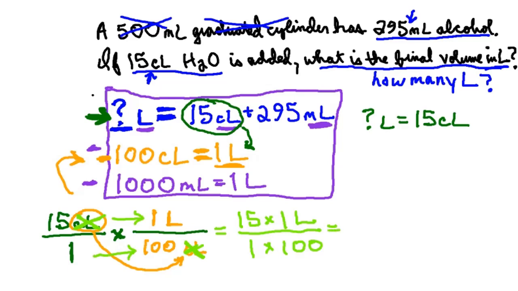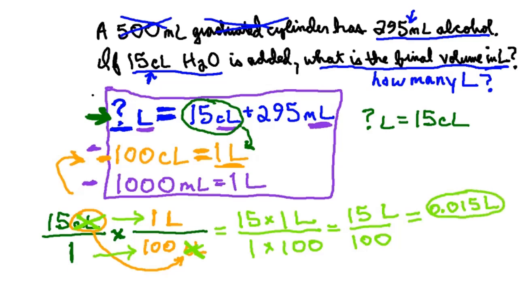So 15 times 1 liter is 15 liters, and 1 times 100 is 100. If you get out your calculator and take 15 divided by 100, that's going to give you 0.015 liters.